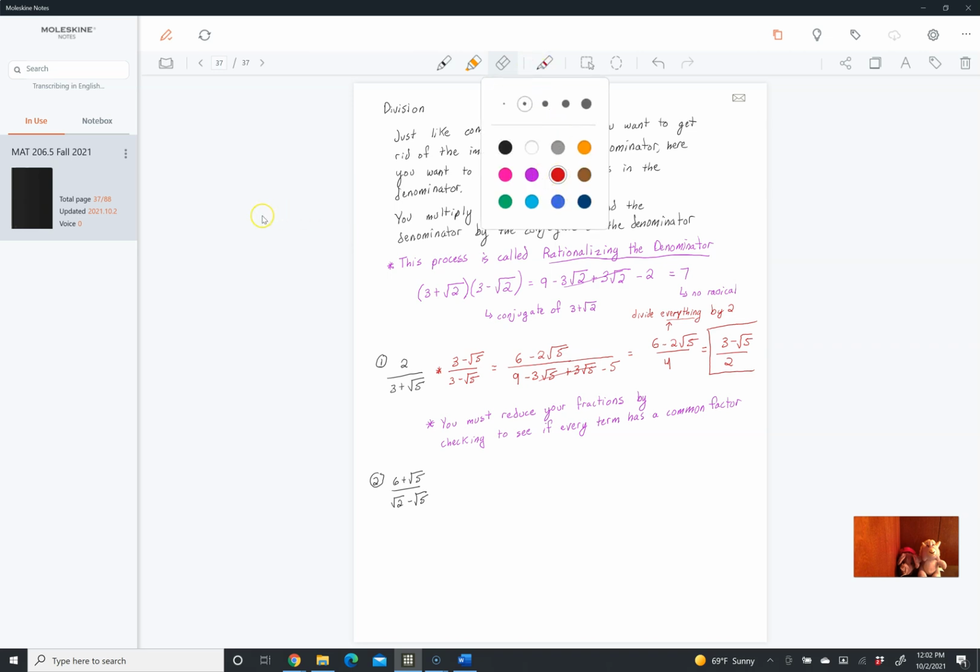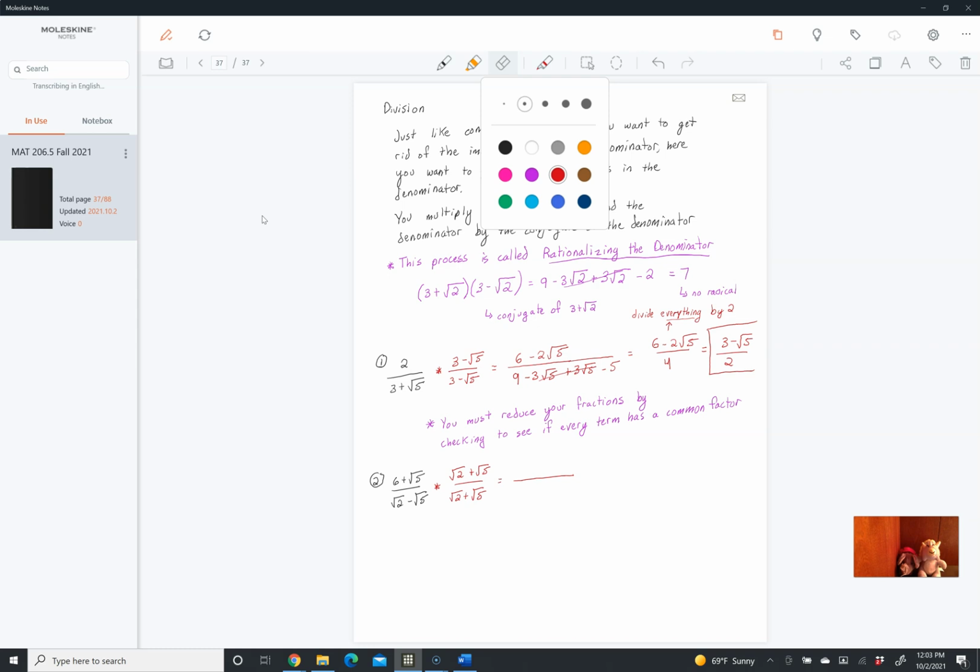In this one, we're going to multiply both the top and the bottom by square root of 2 plus square root of 5. I would always multiply out the bottom first just to make sure that you actually are getting rid of your radicals, because that way if you don't get rid of your radicals, then you know that you made a mistake and you're saving yourself work that you would have been doing on the top.